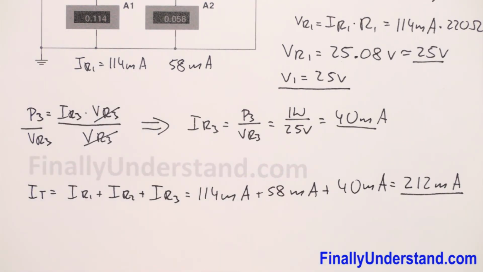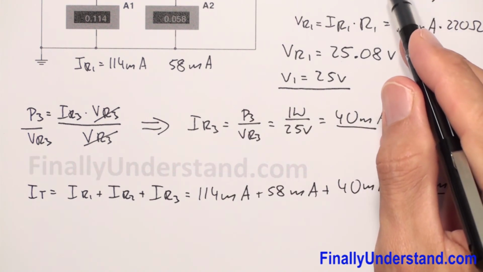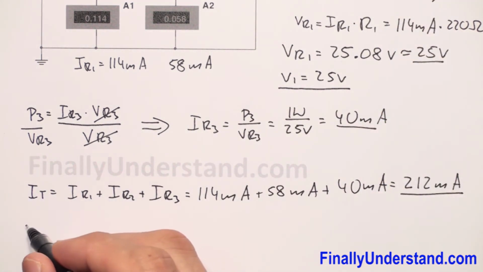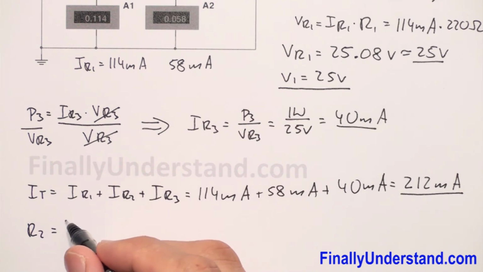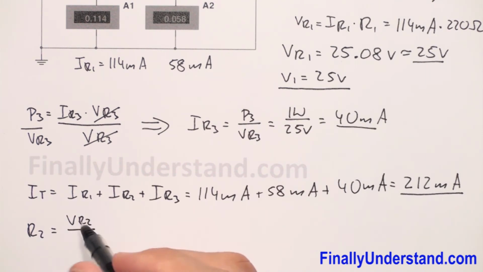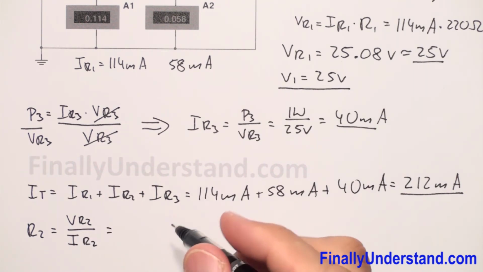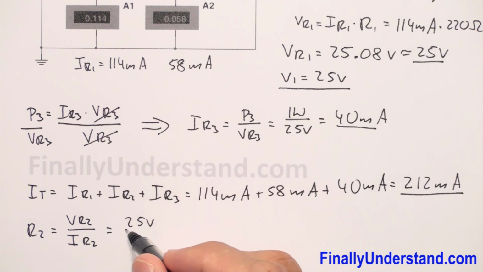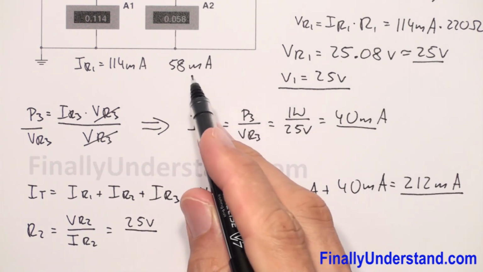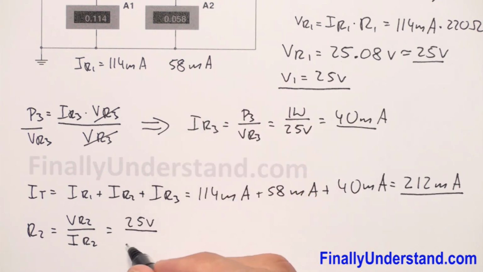Next, we're supposed to find R2. R2 we are going to find by using Ohm's law. R2 is equal to VR2 over IR2. VR2 is equal to 25 volts because in a parallel circuit the voltages are the same, over IR2 which is equal to 58 milliamps.